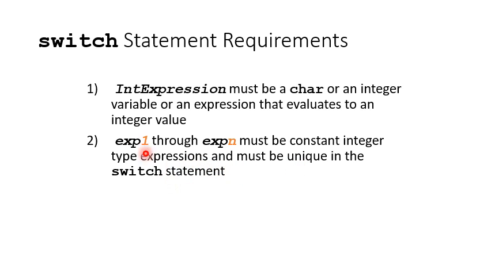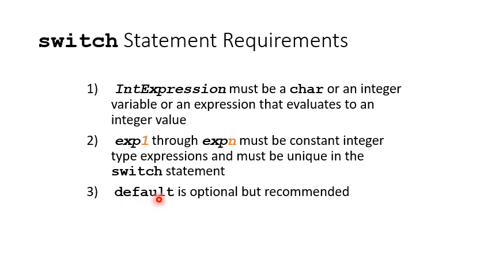So the integer expression, for example, 1, 2, 3, or a character or a char variable, it could be A, B, C, D, or a symbol, it should be unique from each other. Now, the third one, the default is optional, but it is recommended.